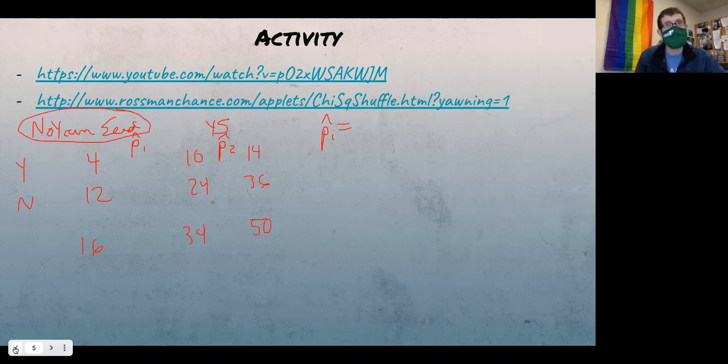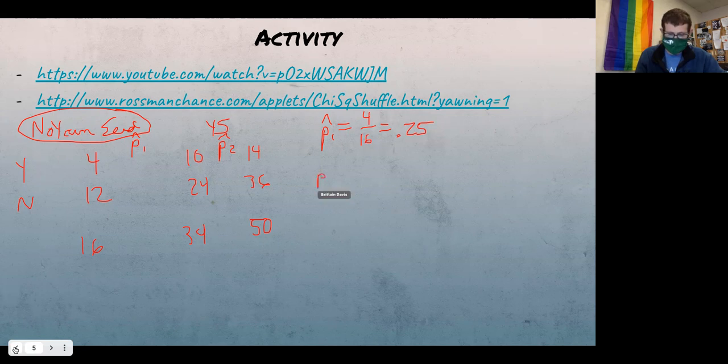Not a third. How many got no yawn seed total? 16. So it was 4 out of 16. Oh. There it is. No, you're good. So the p hat sub 1 is 25%. 25% of people who didn't get a yawn seed yawned. That's almost like a baseline we can compare it against.